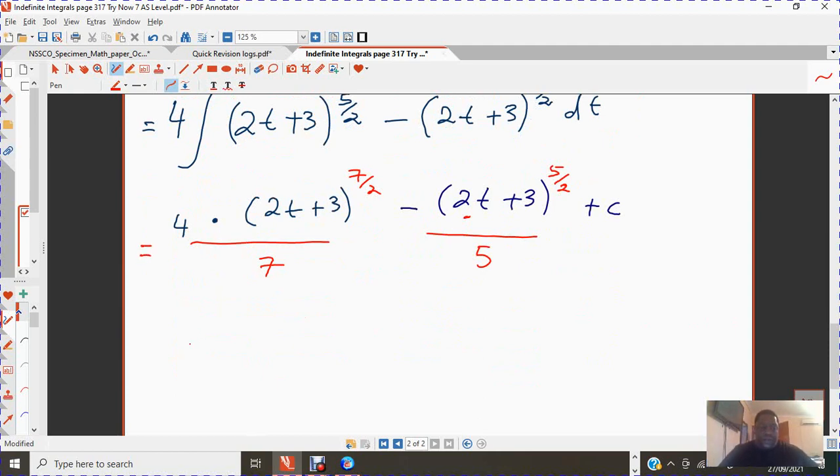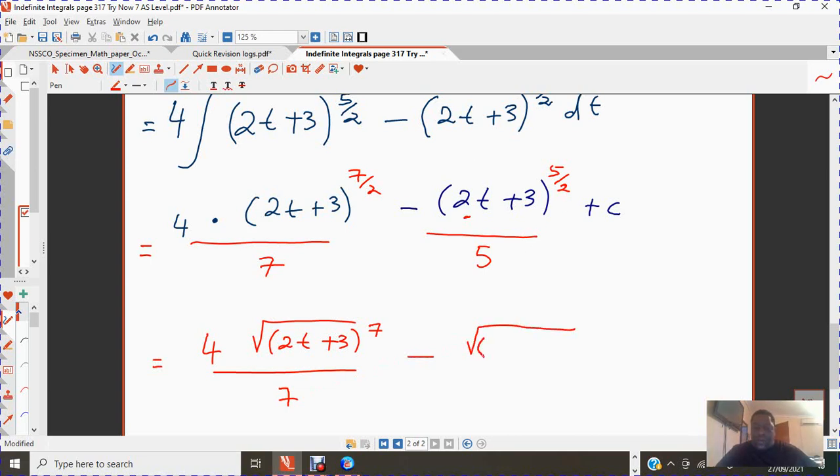So this becomes 4 times the square root of the quantity 2t plus 3 raised to the power 7 upon 7, minus the square root of the quantity 2t plus 3 raised to the power of 5 upon 5, plus the constant of integration.